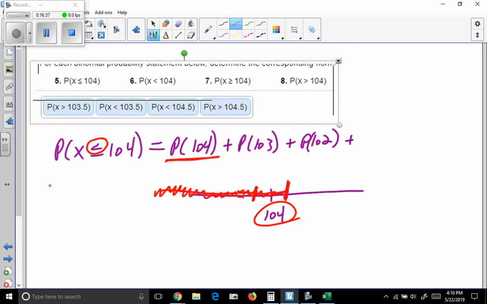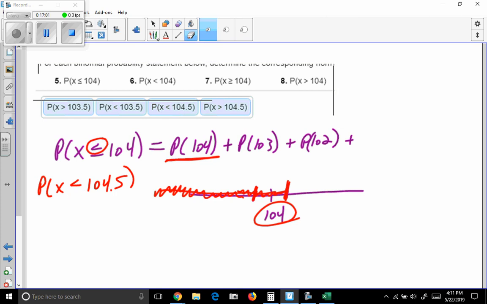So if we make our continuity correction, then for a normal distribution, we would have to go from 104.5 and everything to the left of it. So this, let's see, I'm sorry, we don't use the equal, so this is the one for number 5.